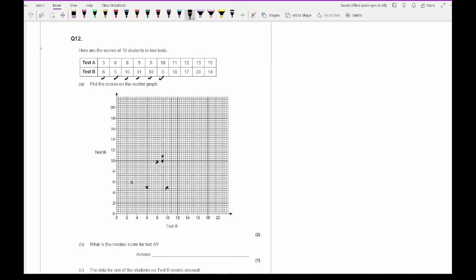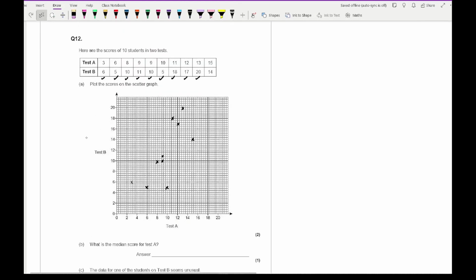Next one is 11, 18. Next one is at 12, 17. Next one is at 13, 20. And the last one is at 15, 14, which is about there. So the question then says, what is the median score for test A?